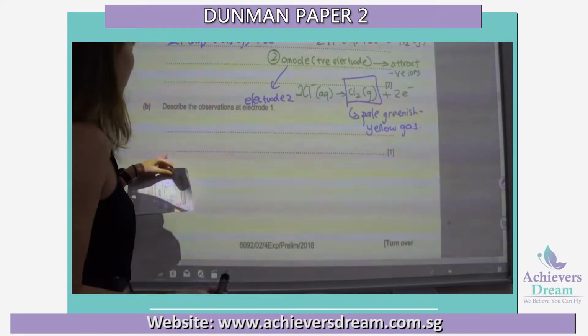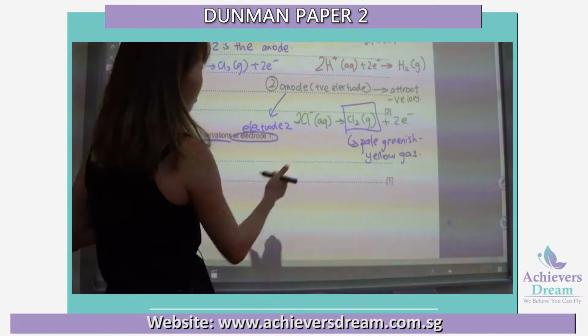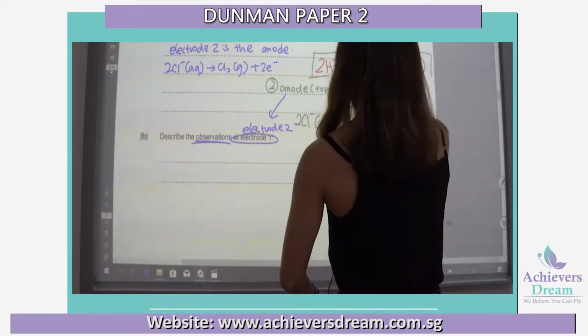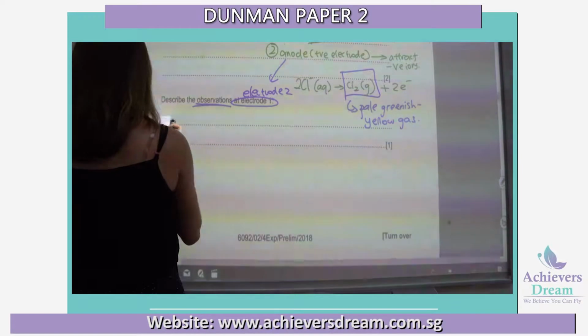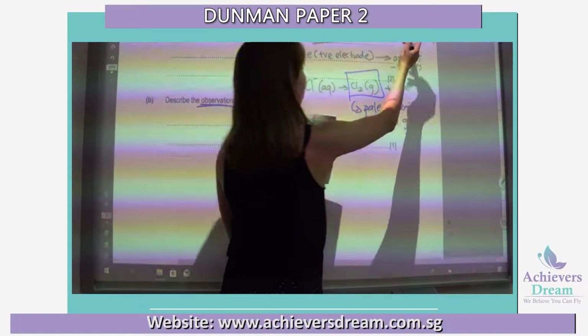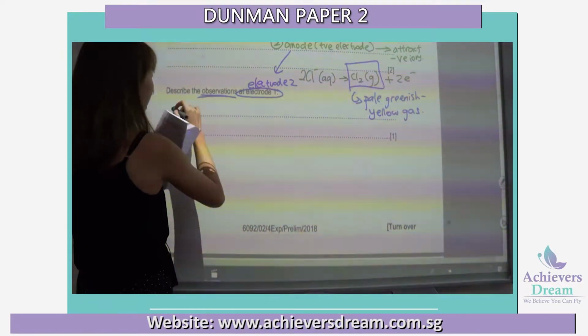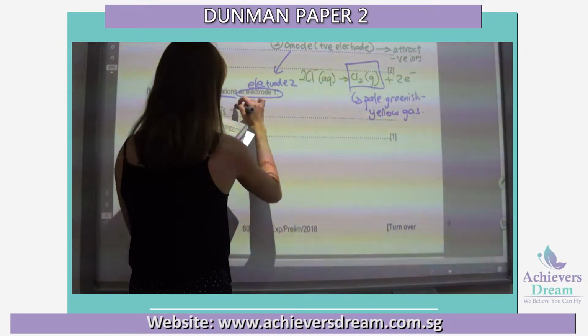Okay? Then for part B, describe the observations at electrode 1. So I know that this will be the half equation at electrode 1. Correct? My cathode. So what would the observation be? What is being produced? It is my hydrogen gas. So for the observation, I have to first say that electrode 1 is the cathode.